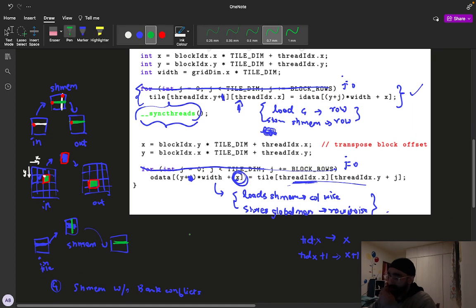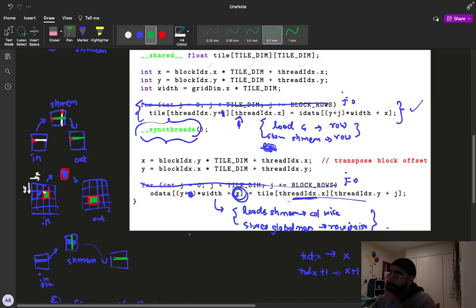Okay, but the problem with this is that since we are loading from shared memory in a column wise fashion, consecutive threads are affected. Let's say this thread was responsible for loading this element into shared memory, loading from shared memory this location and storing into global memory this location.